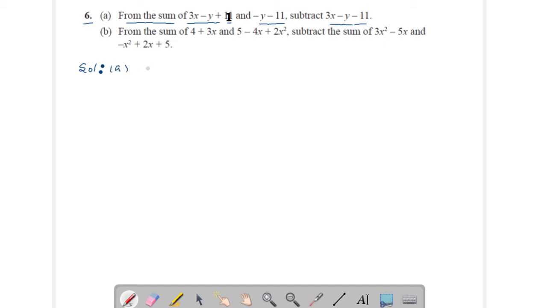Here first we find the sum of 3x minus y plus 11 and minus y minus 11.